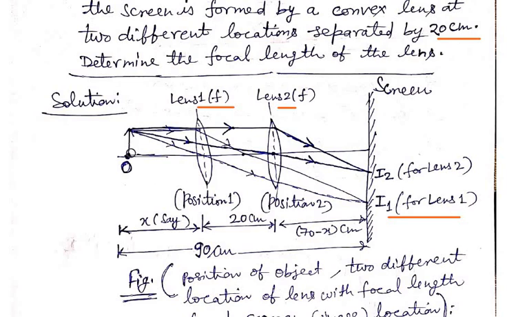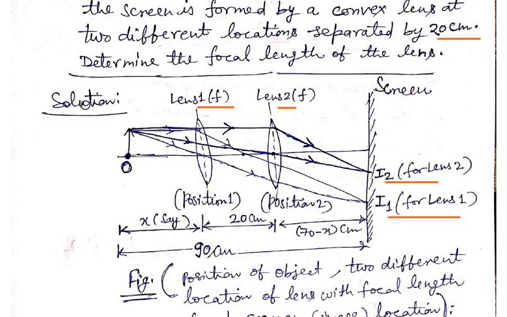And if O is the object for lens 2, that is the second position, then also the image is formed on the screen. If rays from the object are incident on position 1, then the image is formed at I1. If rays from the object are incident on position 2, then the image is formed at the screen.